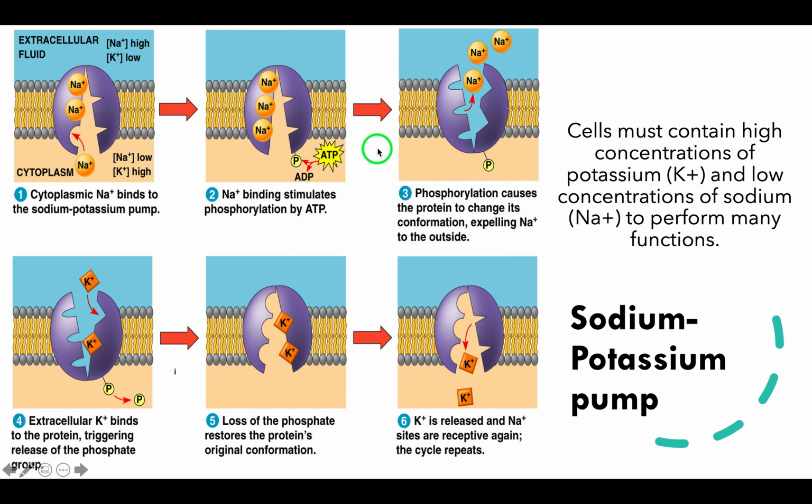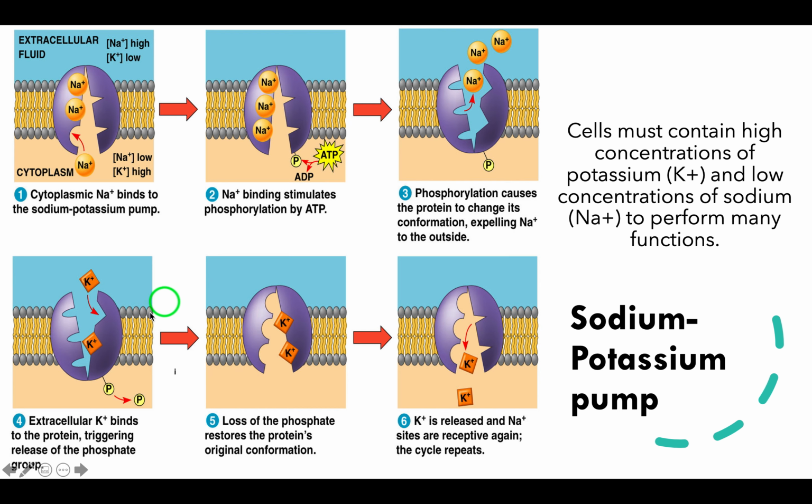To do this, energy is needed. So when the cytoplasmic sodium binds to the carrier protein, a phosphate group from the ATP binds to the carrier protein and ATP becomes ADP. This phosphate, symbolized by letter P, will serve as a token to power the protein to change in shape and expel the sodium ions outside the cell.